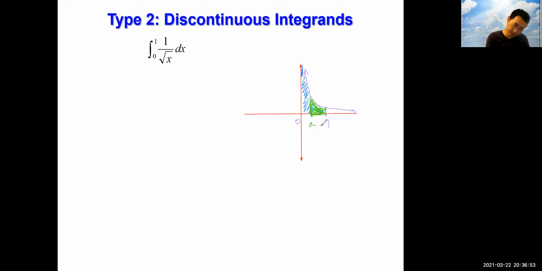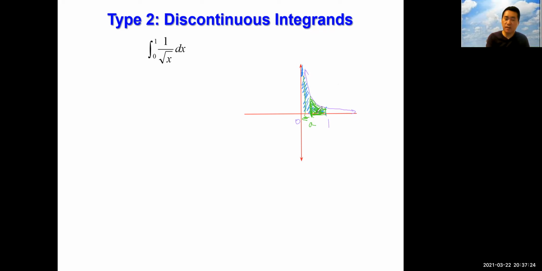Can we do that? Yes, why not? If we replace it with a to 1, then I can certainly integrate normally. Once you have that, in order to evaluate the integral from 0 to 1, you just let the arbitrary constant a approach 0. As it gets closer and closer to 0, you don't have this gap area here.